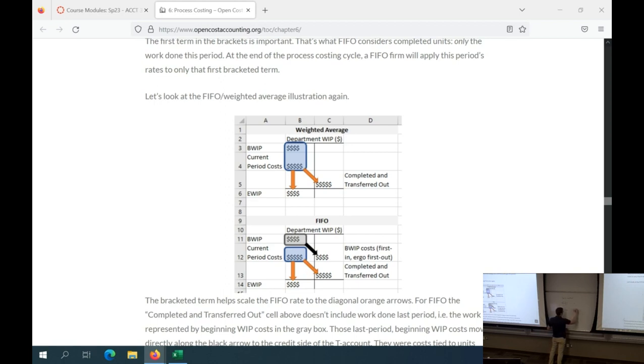But that would be wrong, because TEU is just the denominator for the rate. You've already used it. Now, when we're calculating how much cost is in units completed, we multiply the rates by the units completed. The last thing we do with FIFO is we're just doing units completed or equivalent units completed.